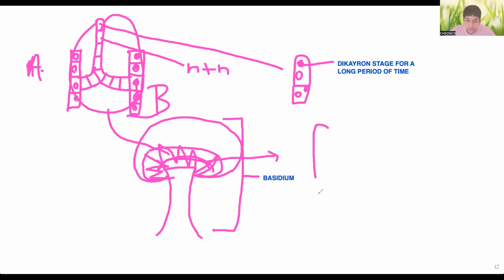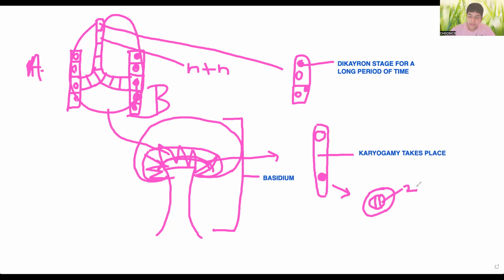You have your fragment here. So finally, karyogamy took place. After karyogamy took place, what you get is a diploid nucleus in the basidium.